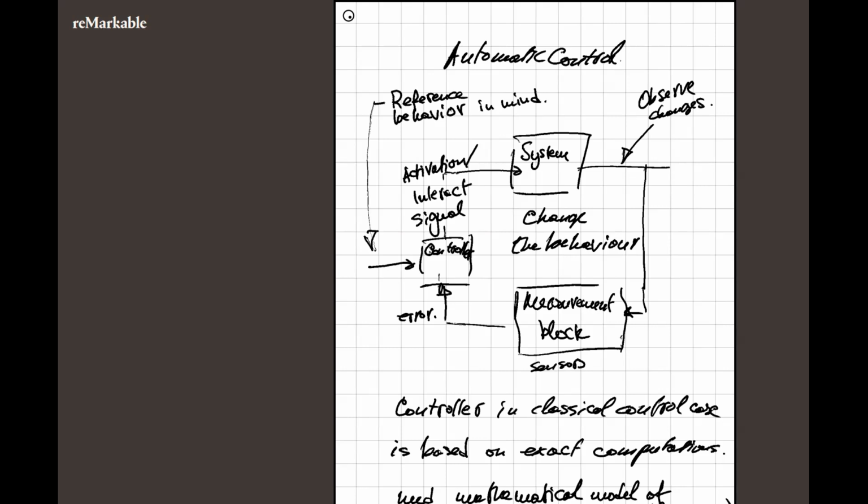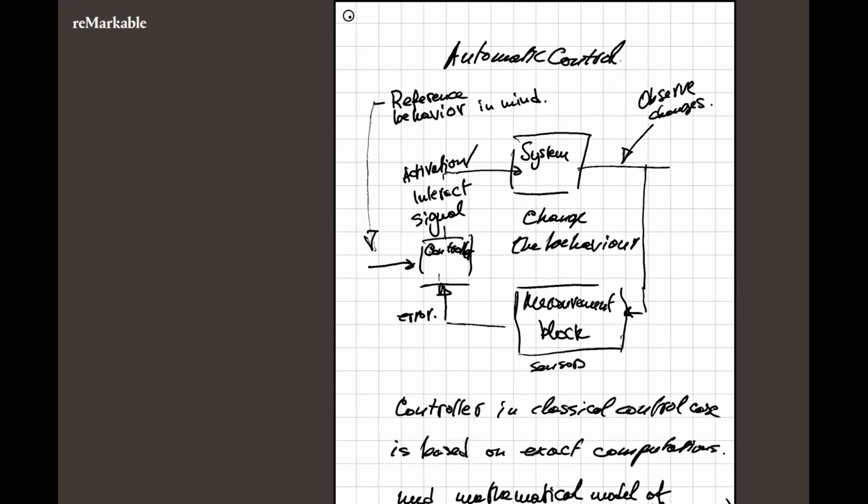And this mathematical formulation allows us to do computations that, for example, can compensate for errors.